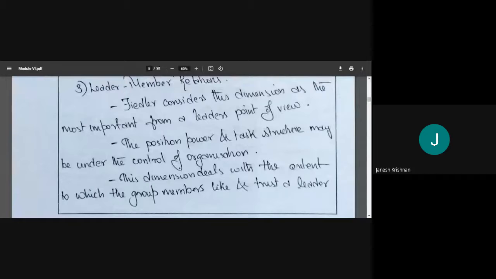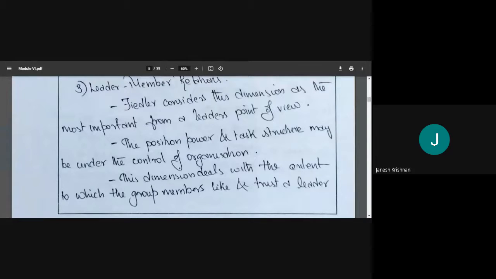It's only because of that you are able to take the decision. Both your task structure and position power are given to you by the organization. Tomorrow they may take it away, right?